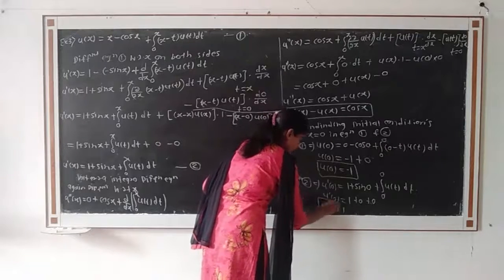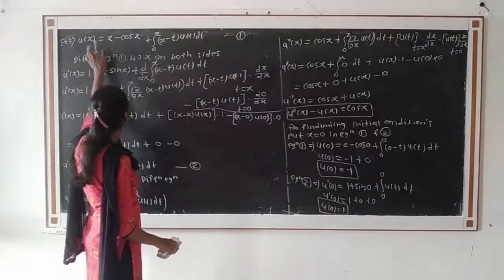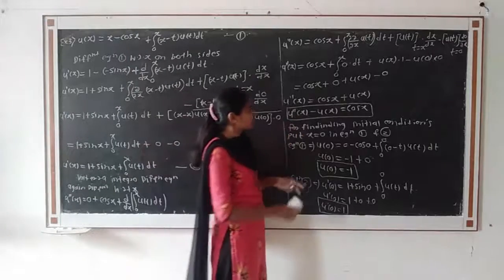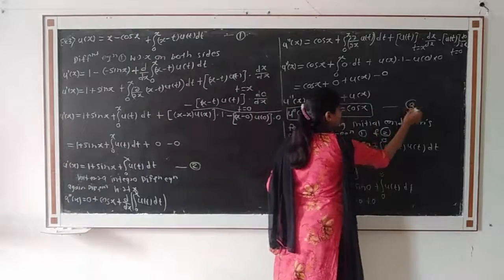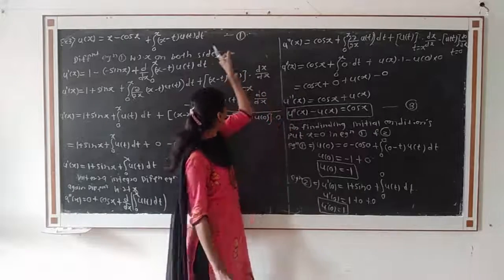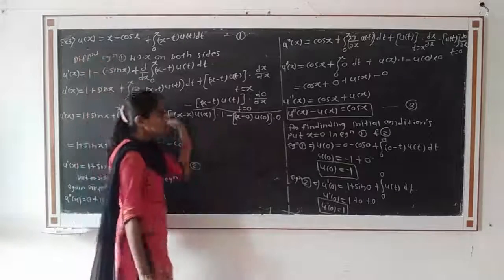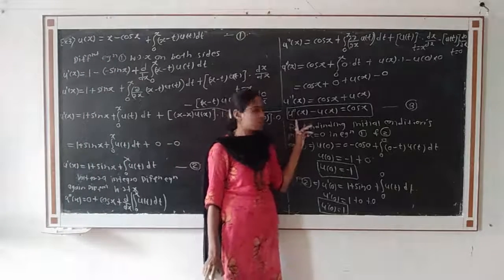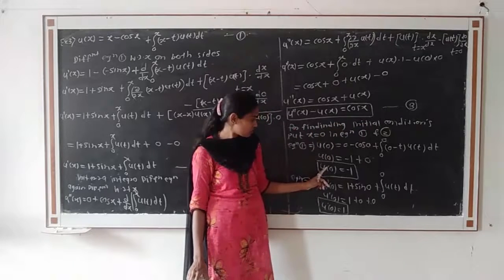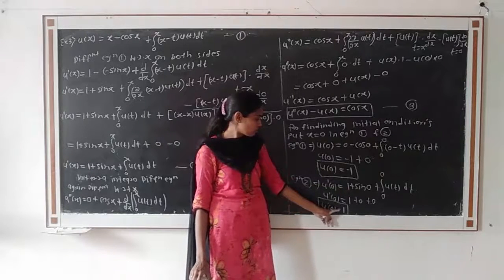In this way we convert the given Volterra equation 1 to the ordinary differential equation, that is equation number 3, with the initial conditions u of 0 is equal to minus 1 and u dash of 0 is equal to 1.